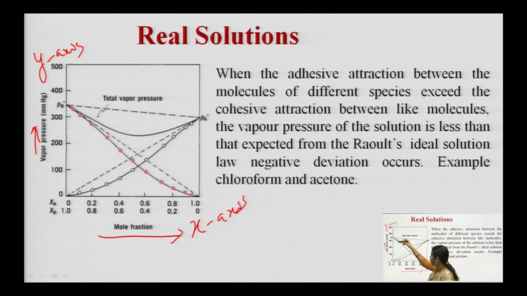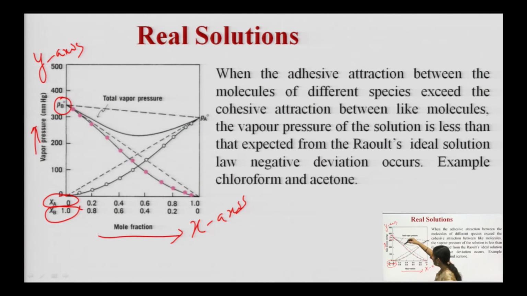First, here we have the vapor pressure of B, where the mole fraction of B is 1 and the mole fraction of A is 0. As we go on adding A to B, the vapor pressure of B decreases.